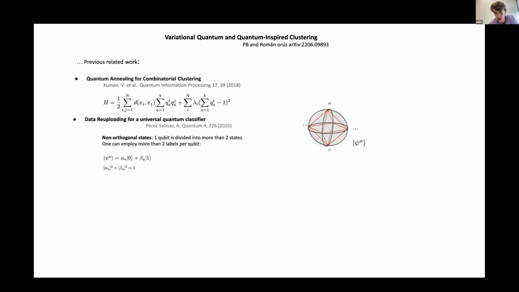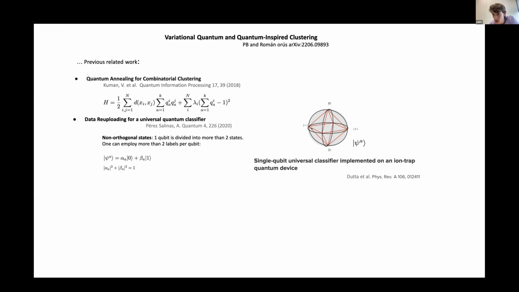So that you can put, in this case, since we are dealing with a clustering, more labels in a qubit than the 2 orthogonal ones, which could be 0 and 1. This idea that might seem very difficult to implement has been implemented by the same group with certain experimental help, in this paper.